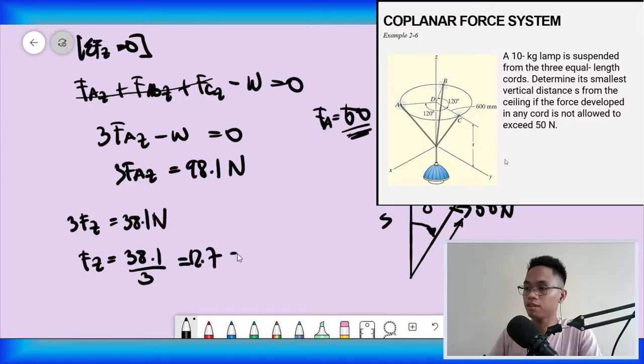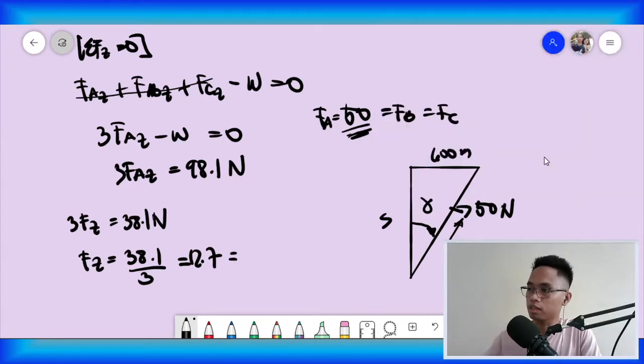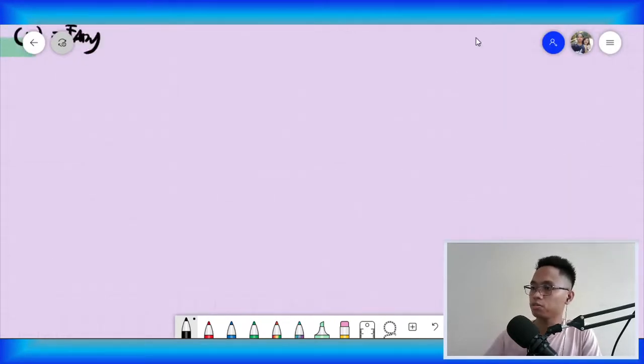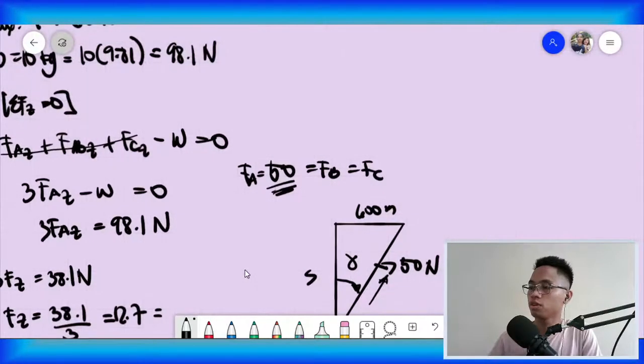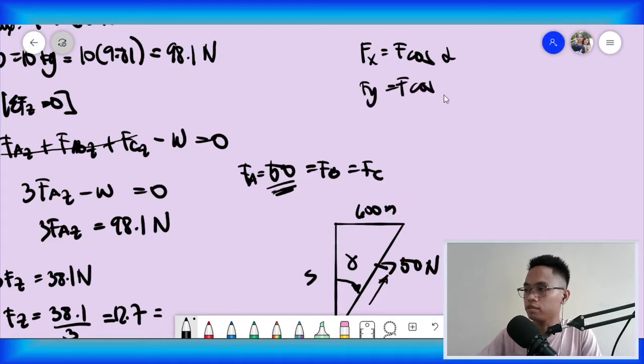But if you can recall from our previous topic, we have your Fx equal to F cosine alpha, your Fy equal to F cosine beta, and your Fz, that is F cosine gamma.